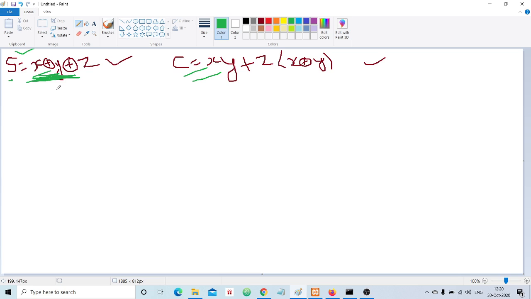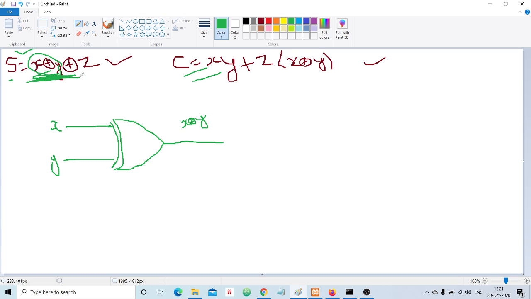We need to perform an XOR operation between x and y. So we shall take x and y, and perform an XOR operation, correct? This is an XOR gate. At this point we will get x XOR y.